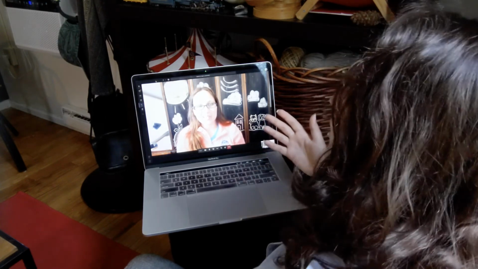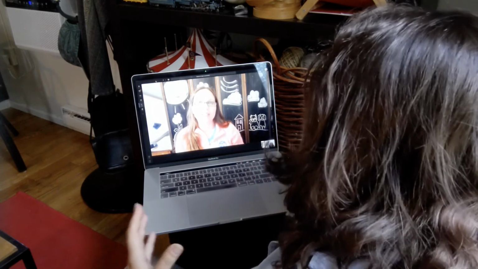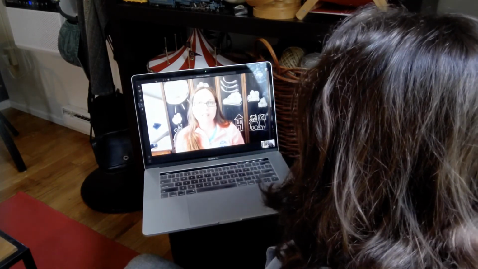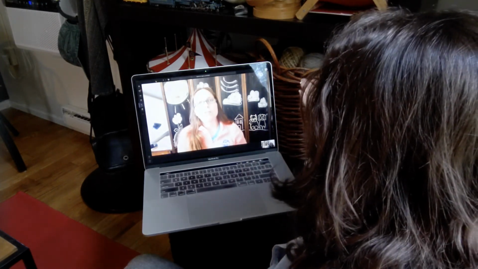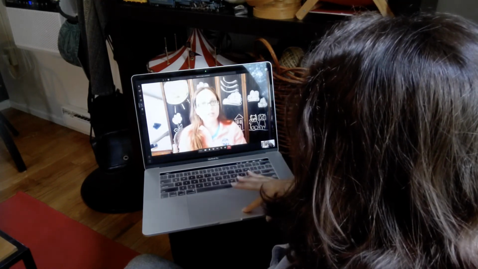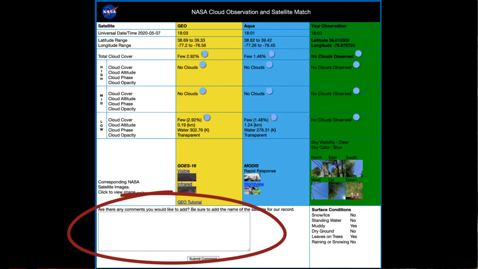So next I'm wondering, if we notice any of those differences, like the ones that you just talked about and some of the ones that I talked about earlier, what do we do with that information? Great question. When you receive your satellite match table that compares your observations to the satellite data, there is a comment box right at the bottom.